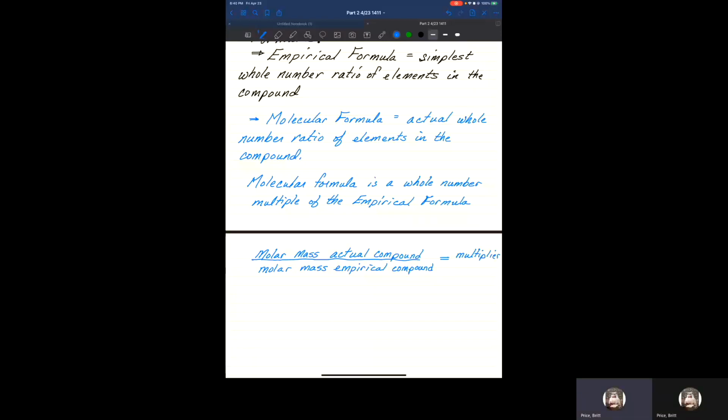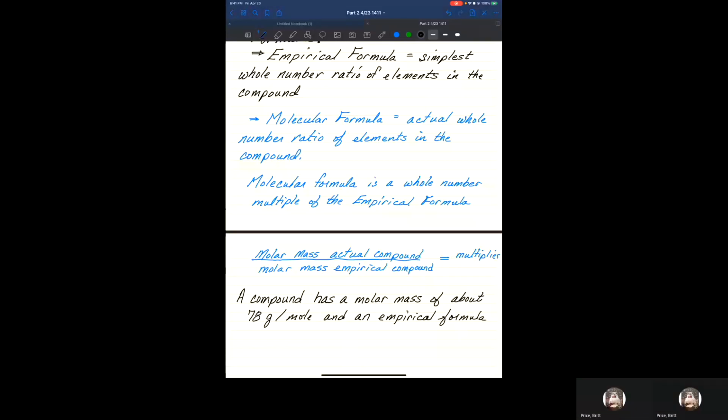So for example, a compound has a molar mass of about 78 grams per mole, and an empirical formula of CH.